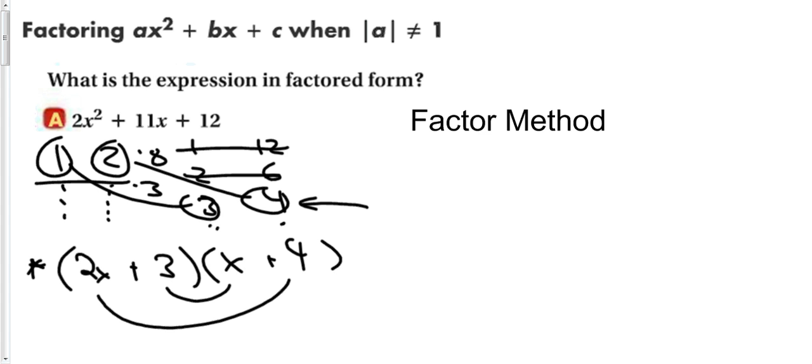Okay, these two terms go in my first positions, 1 and 2. These two terms go in my second positions, 3 and 4. And the 3 has to multiply with the 1, which means it is in opposite parentheses, different parentheses. When we're FOILing, you never multiply the two terms in the same parenthesis. Okay? So that's the factor method.